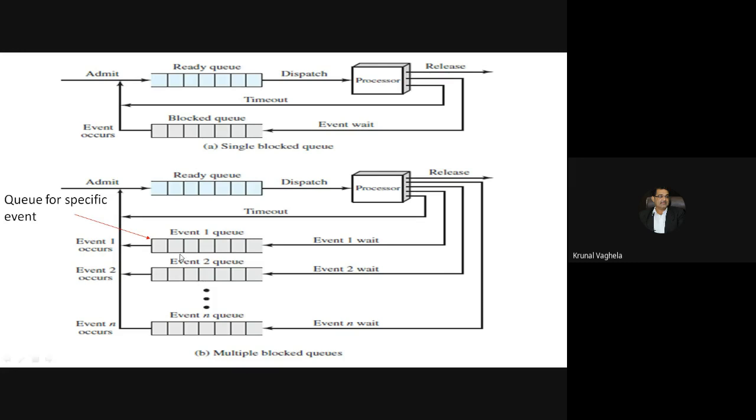These processes are waiting for operating system input or something. So here it is a single block queue, but here there is a different queue for each event. So these are the two models which can be possible in the operating system.